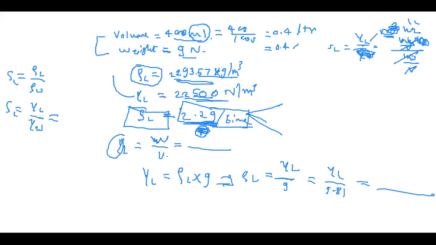Similarly, if we consider mercury having specific gravity 13.6, what does it mean? Mercury is how many times heavier than water? 13.6. Correct. So it is 13.6 times heavier than water. Like this, we can derive the conclusion from this value.